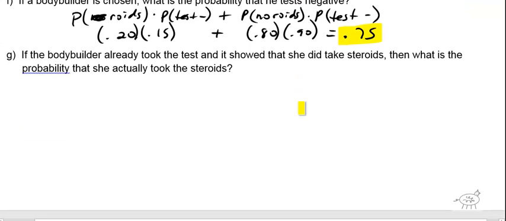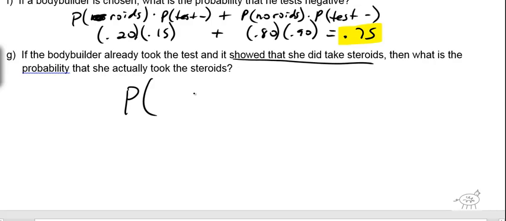If a bodybuilder already took the test and it showed that she did take steroids, got to take she in there too because women take steroids too, which is bad. Okay? So a bodybuilder already took the test and it shows that she did take steroids, then what is the probability that she actually took the steroids? So here's the deal. The test says she took it. So we're going to use a conditional probability. Okay, we're going to do probability given that the test showed that she did take steroids.